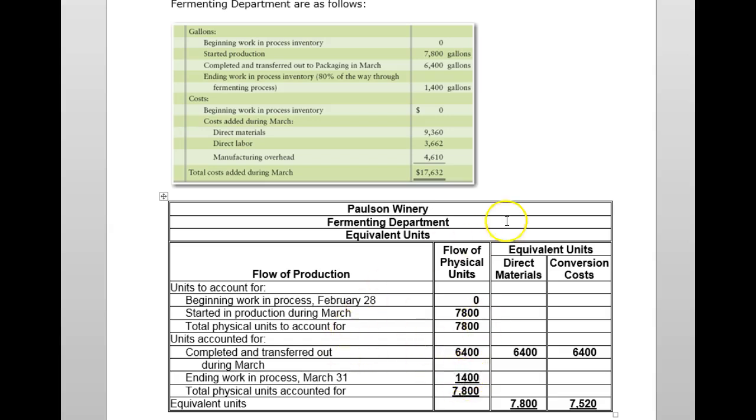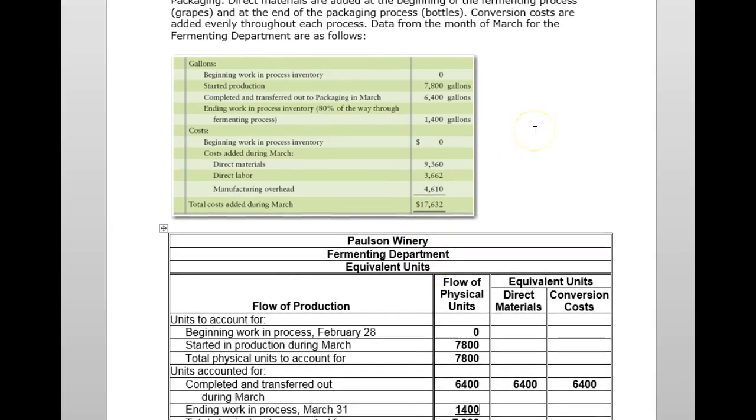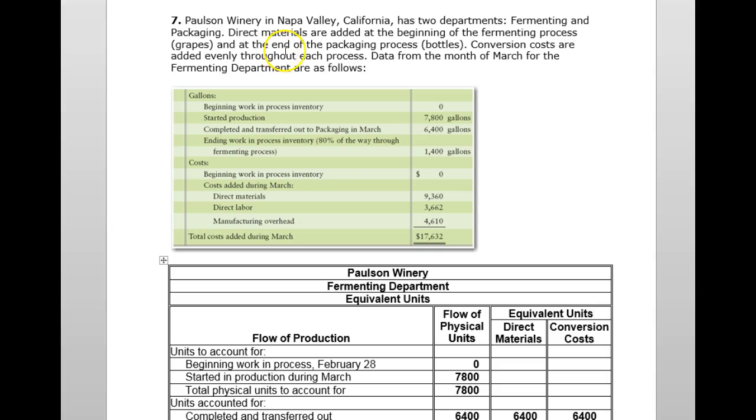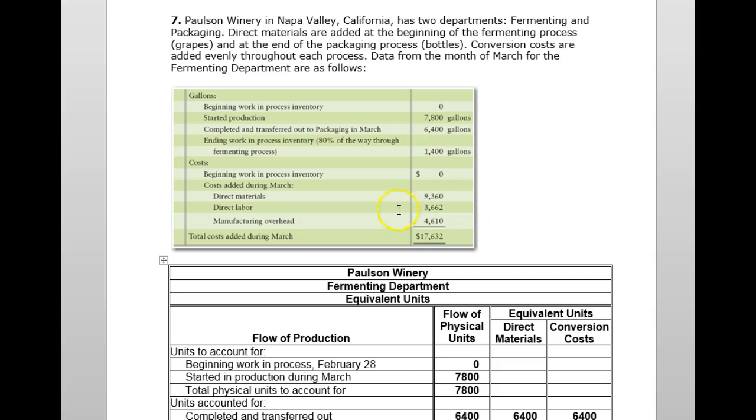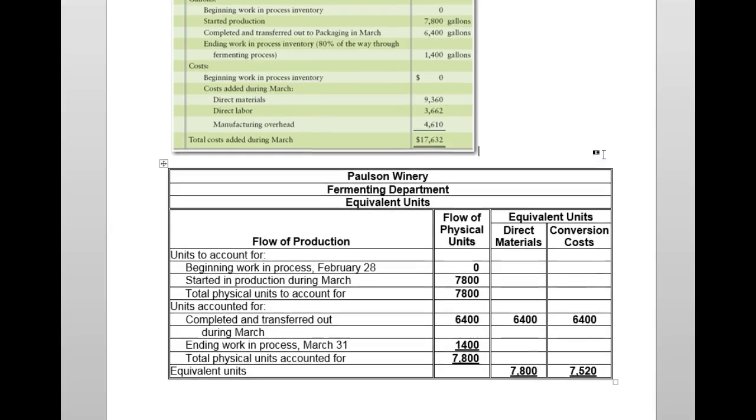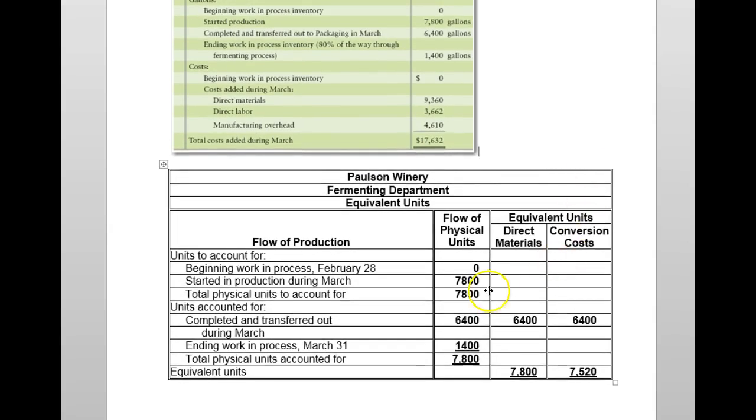Of those 1,400, if you read the information up here, they were only 80% of the way through. See that right there. So that means all of their direct materials are in that, because it's pretty hard to start something without using all the direct material to begin with.